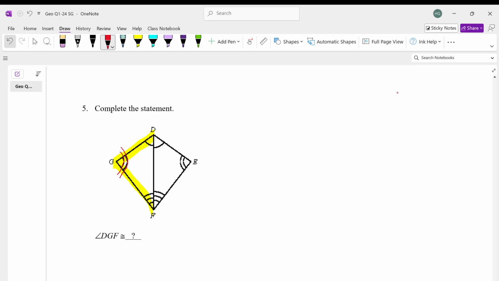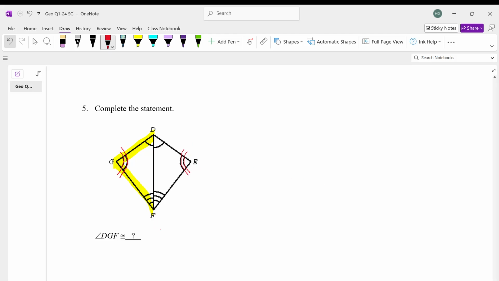So we said yesterday or the day before that angles with 1 arc mark are congruent. Well, so are angles with 2 arc marks. And so are angles with 3 arc marks. So what angle is congruent to DGF? It's this angle right here. It's the other angle with 2 arc marks. We can describe this 2 ways.